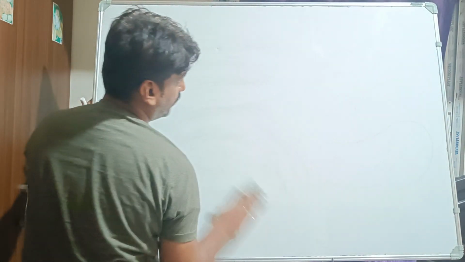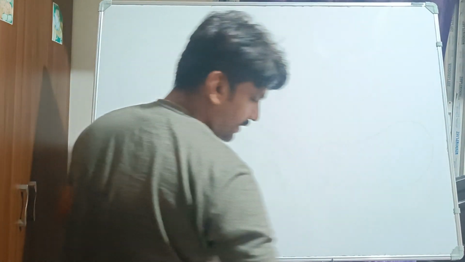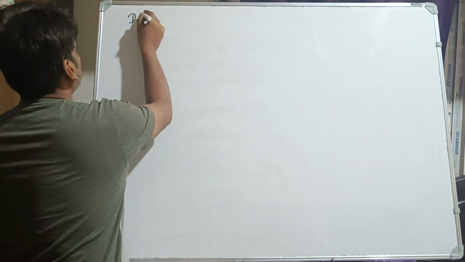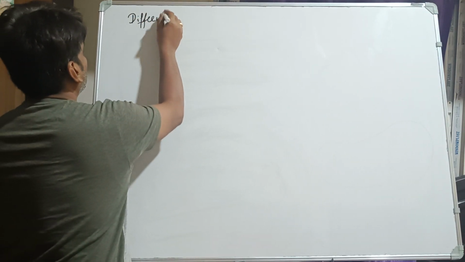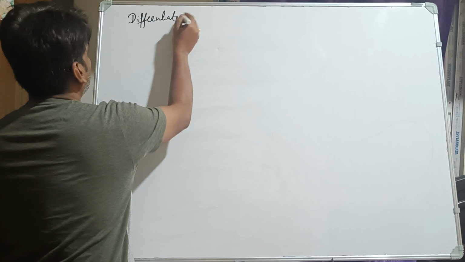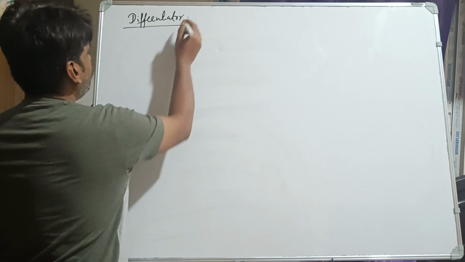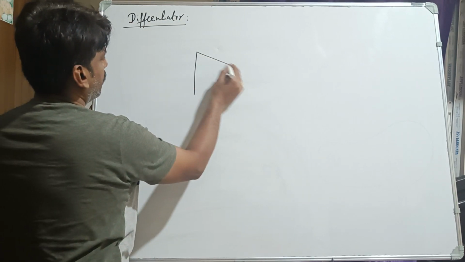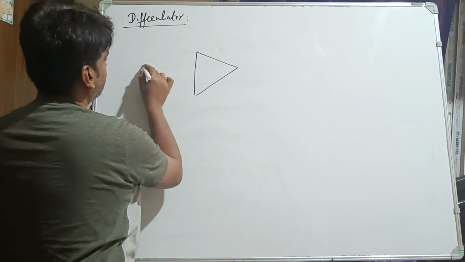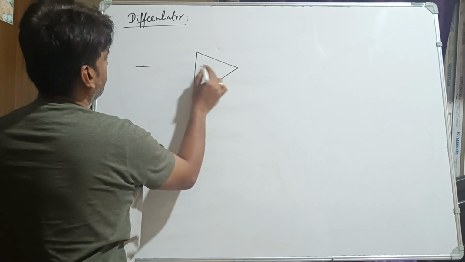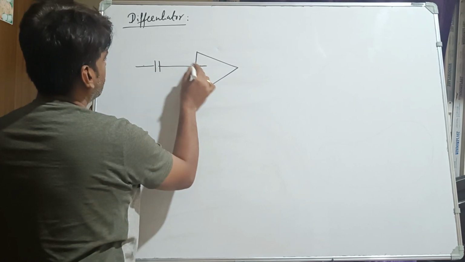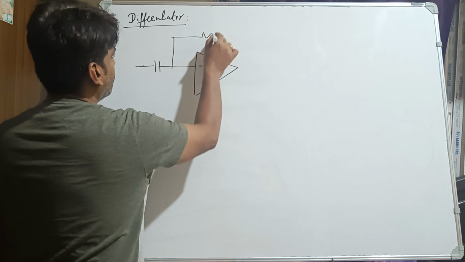So if I want to draw an integrator and differentiator, we'll now consider the differentiator using op-amp. Same, consider the op-amp, right? Here at the input we will consider a capacitor, and in feedback we will consider a resistor.